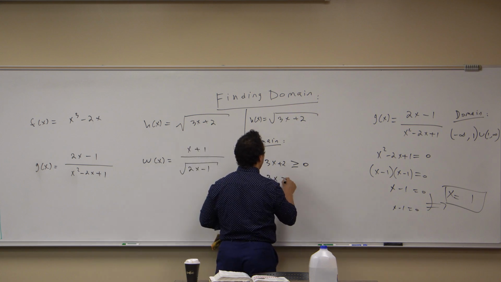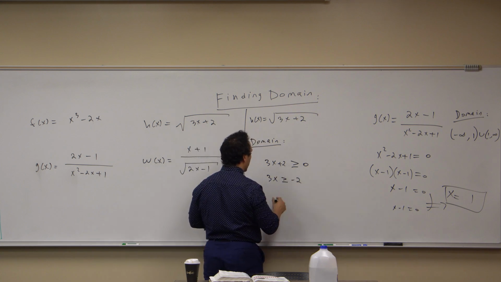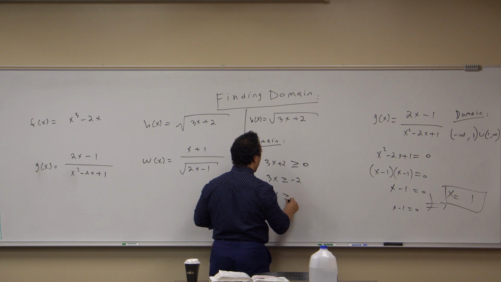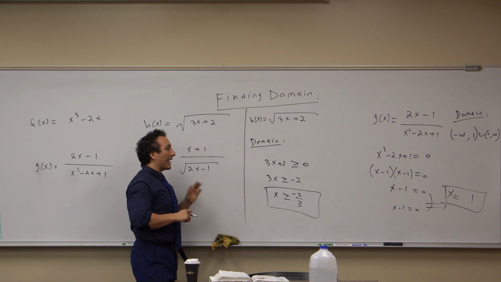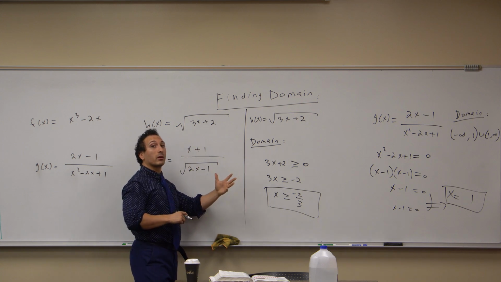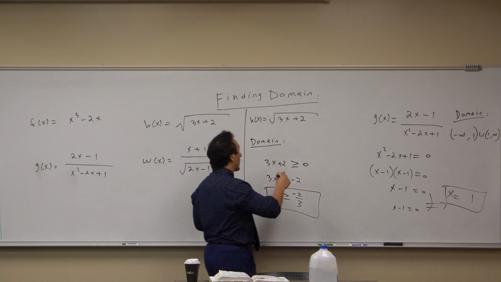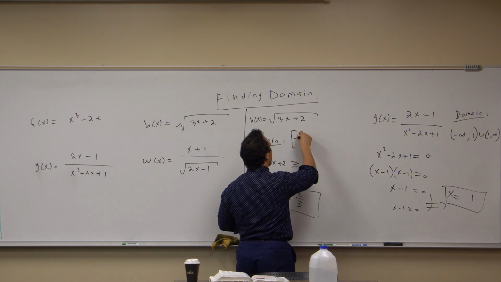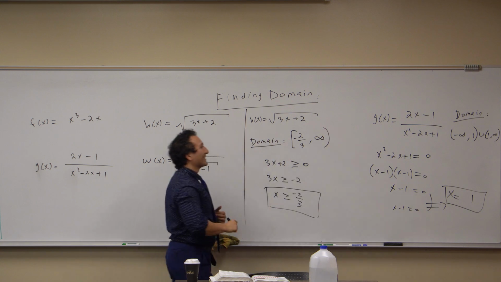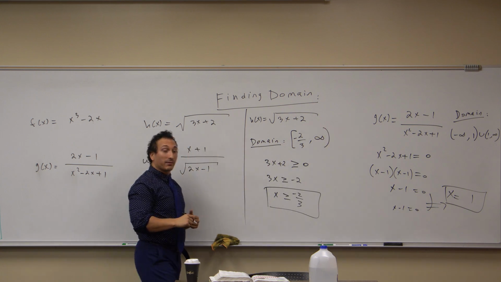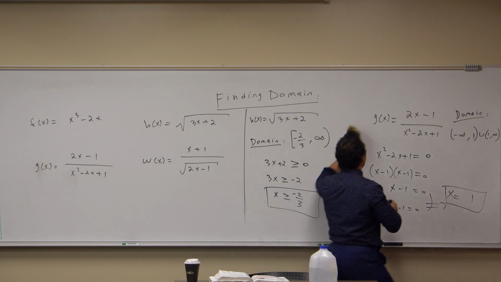So 3x is greater than or equal to negative 2. I'll divide both sides by 3, so x is greater than or equal to negative 2/3. The way we denote that is we put a bracket at negative 2/3 and go up from there. That's the domain.